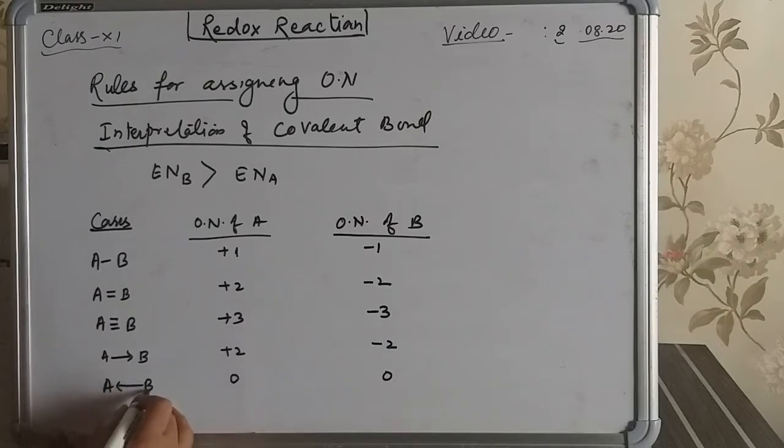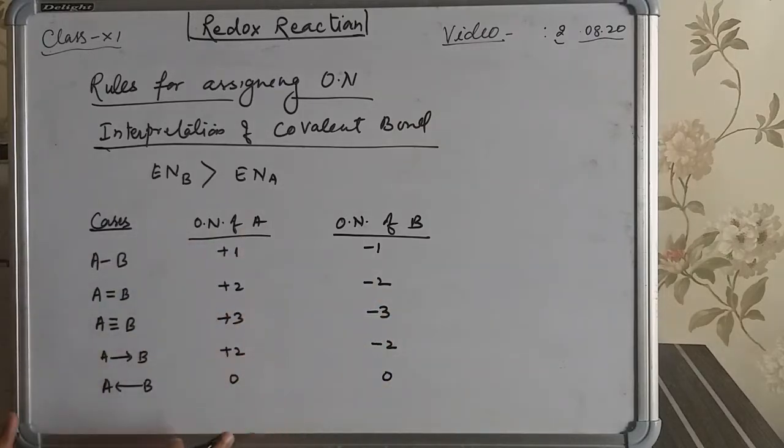After donating electrons, being more electronegative, it pulls the electrons back towards itself. So in that condition, we see a simple way of interpreting covalent bonds. How can we assign the oxidation number of a particular species?